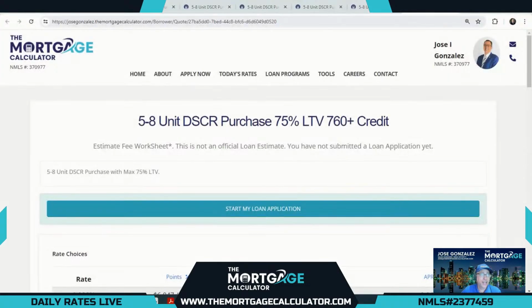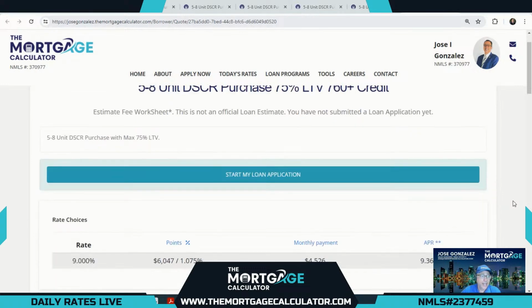I have some purchase options with you and a refi option. Maximum LTV for this product is 75% LTV for this hybrid product that we're talking about. I'm giving you just one rate.